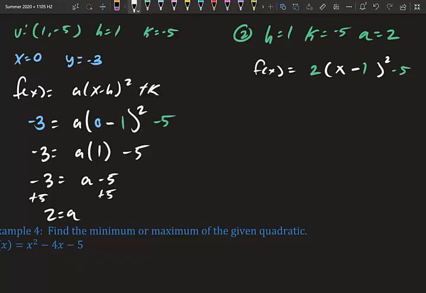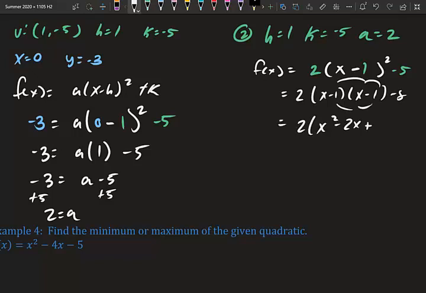Now we have to simplify, meaning multiply. Let's FOIL: 2 times (x squared minus 2x plus 1), minus 5. Let's distribute: 2x squared minus 4x plus 2, minus 5.